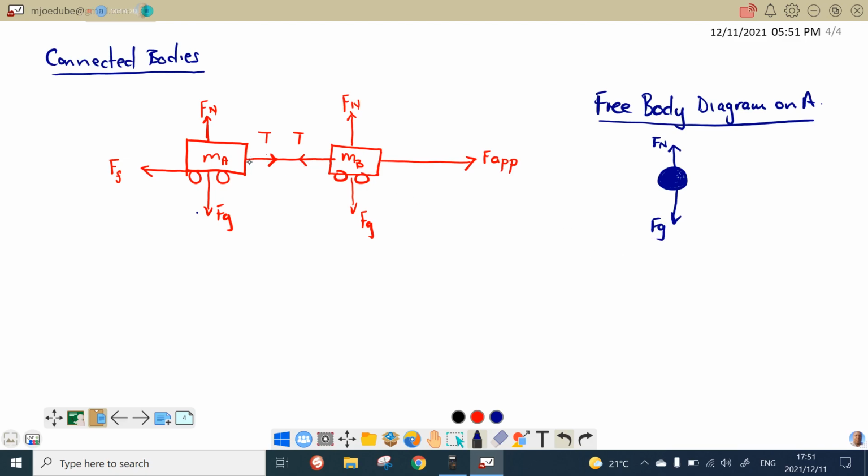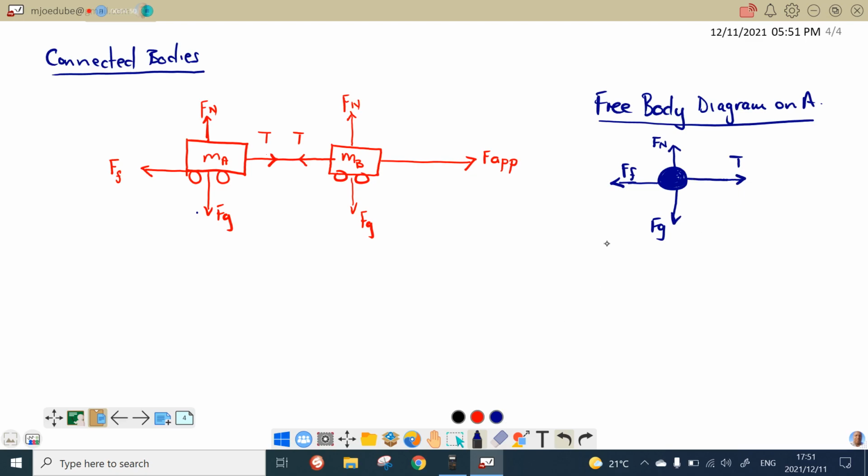You also have the tension that acts to the right, and you also have the resistive force, that frictional force, which is acting to the left. And so these are the forces that are acting on body A.